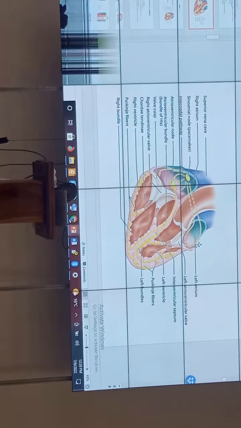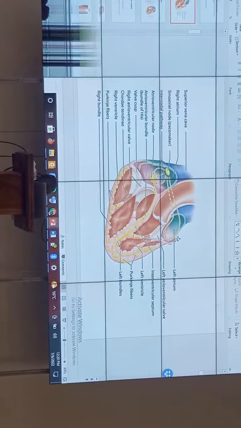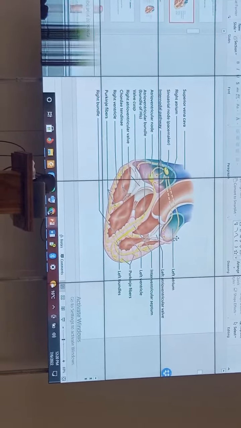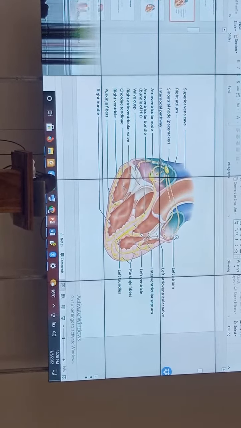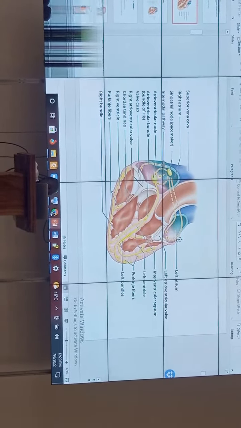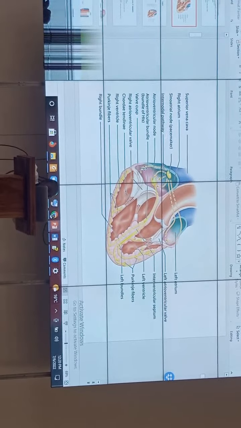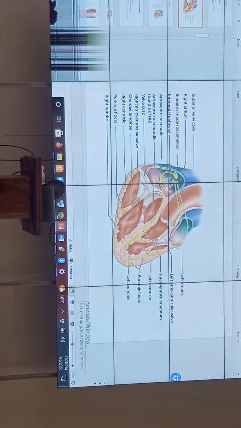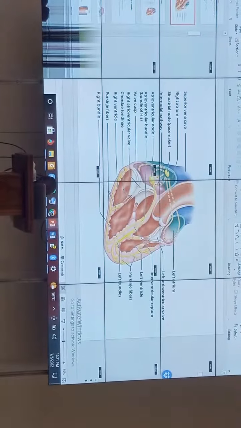Because cardiac muscle cells act as a syncytium, through those gap junctions they are able to share ions. Is that clear? So that impulse will eventually end up on the atrioventricular node.